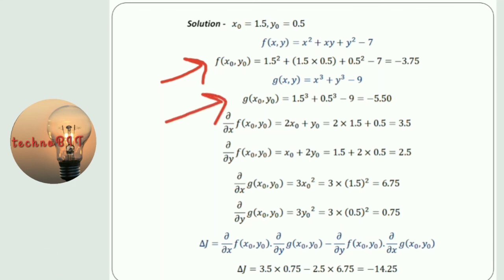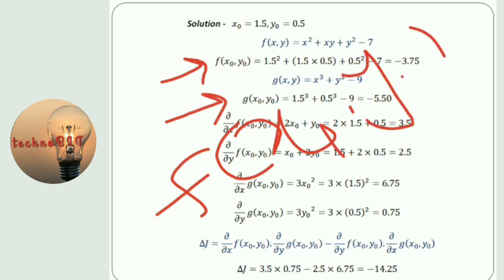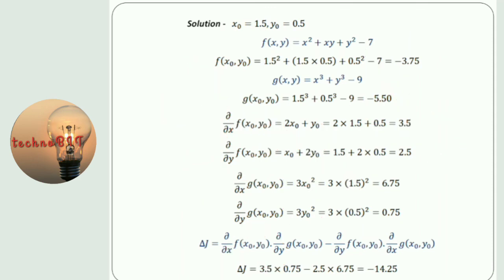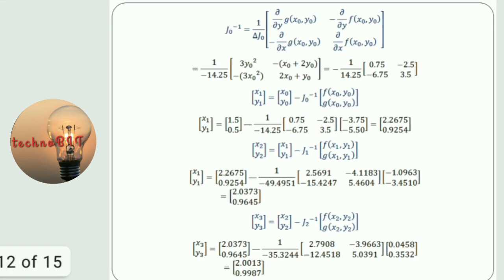And we have to get all these values to get the Jacobian matrix. After getting all these values, we got this value, that is 2.0373 and 0.9645. Again getting closer towards the actual root, right?